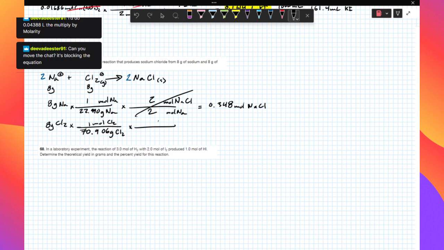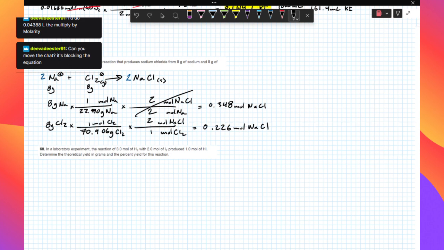And our relationship is a little bit different for moles of product to moles of chlorine reactant. It's 2-to-1. So we take 8 divided by 70.906 times 2 gives us 0.226.